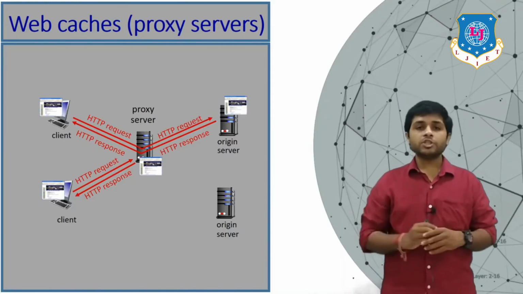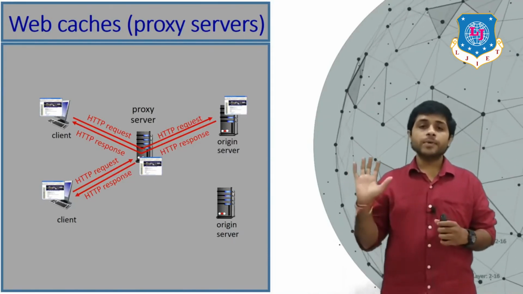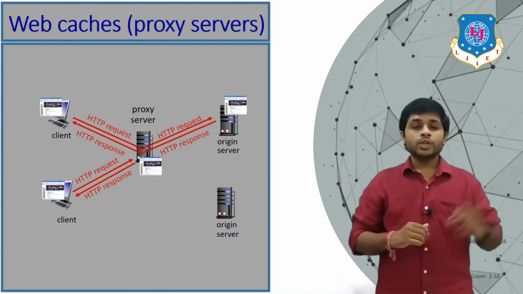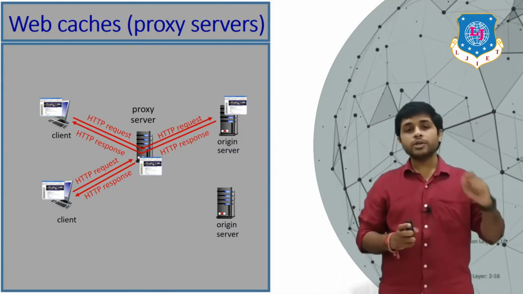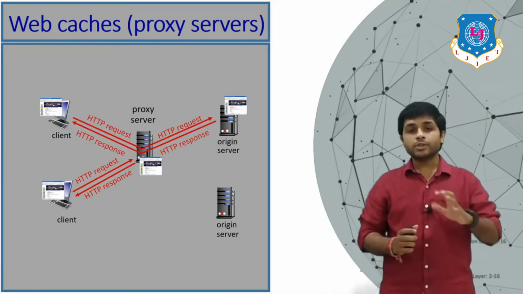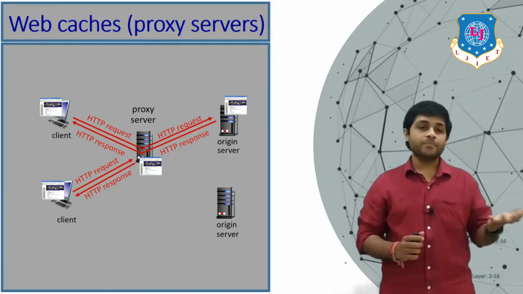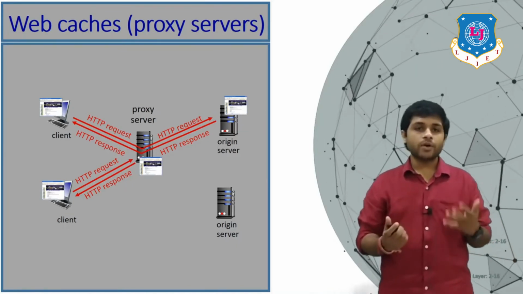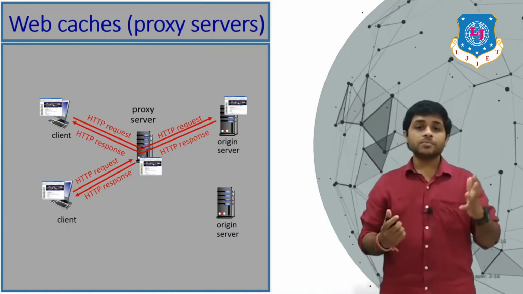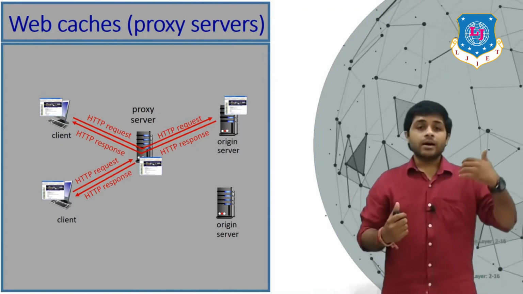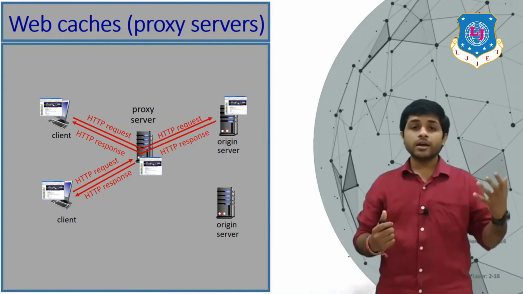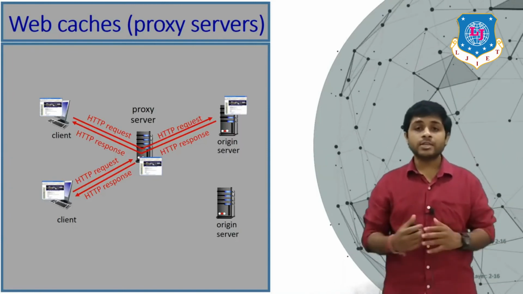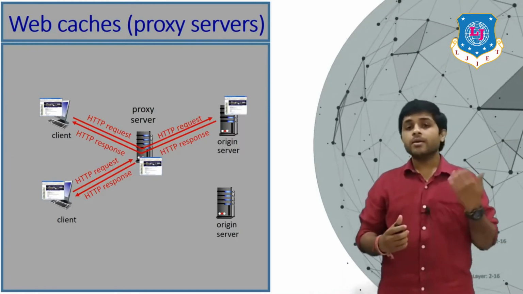All the information from the Google server is copied to the proxy server in the local area. So when you try to access www.google.com, the proxy server provides that web page, so you can surf very quickly. That is the advantage of the proxy server, because in some cases the servers are present in another country or very far away from where you are sitting, and in that case it will take more time.